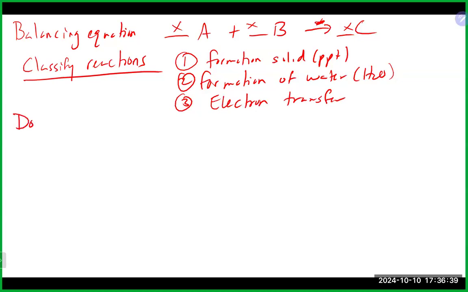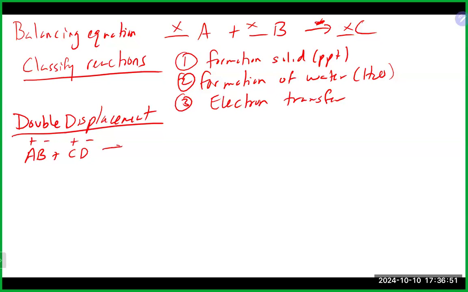There are double displacement reactions, which is where we got into last time. Double displacement reactions you can always recognize because you will always have two ionic compounds together. And when you have two ionic compounds together, this is always the pattern that occurs: the two positive guys will once again switch partners, and they will make two new ionic compounds on the product side.